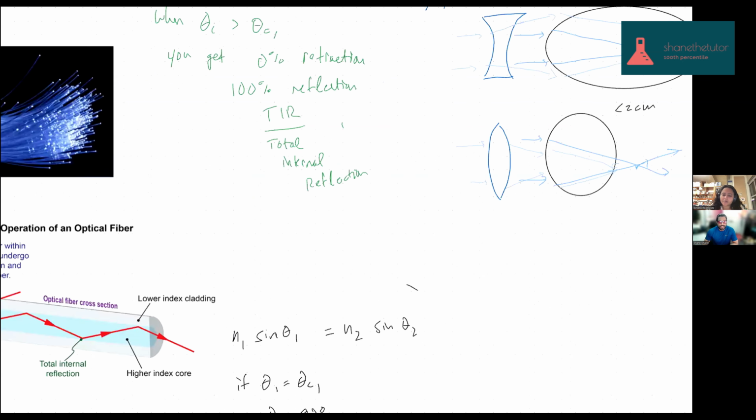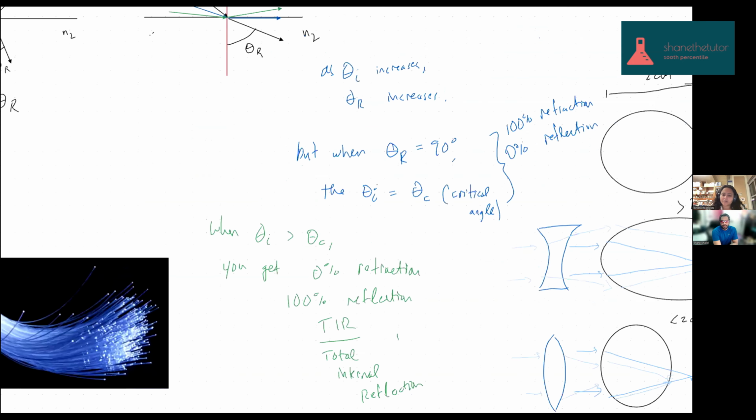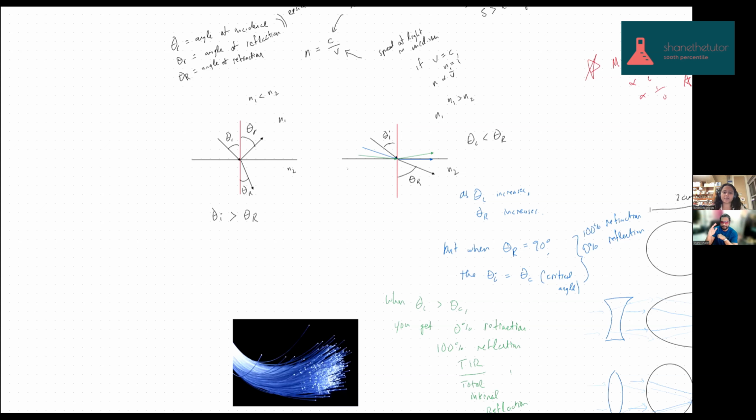Essentially, if you're going from a less dense medium to a more dense medium, the angle of refraction will be smaller than the angle of incidence because it bends towards the normal. And that's pretty much all there is to that.